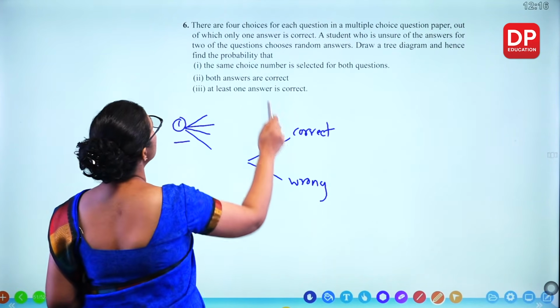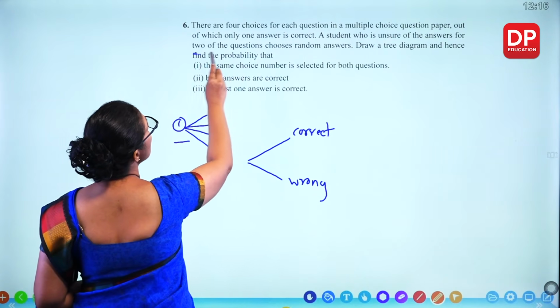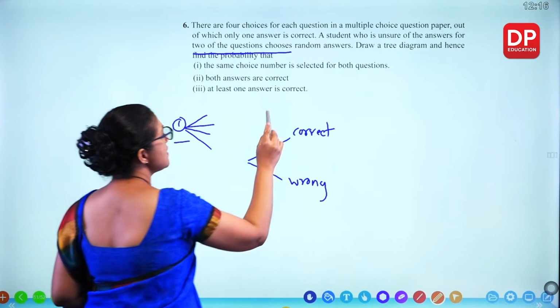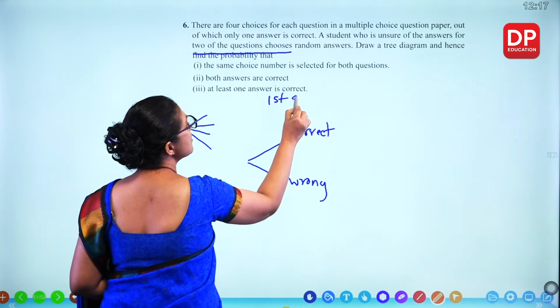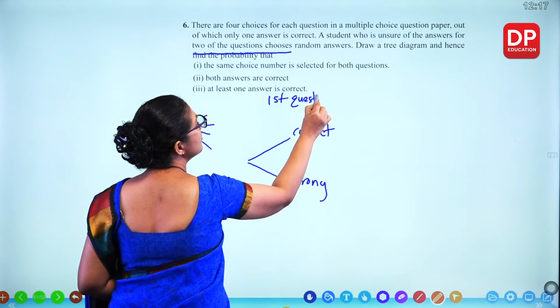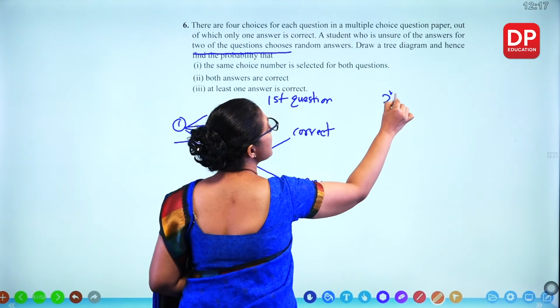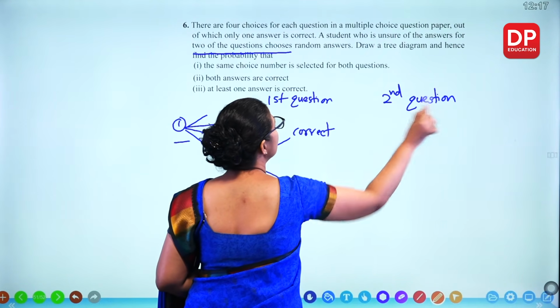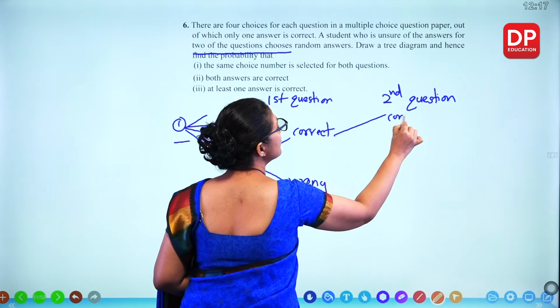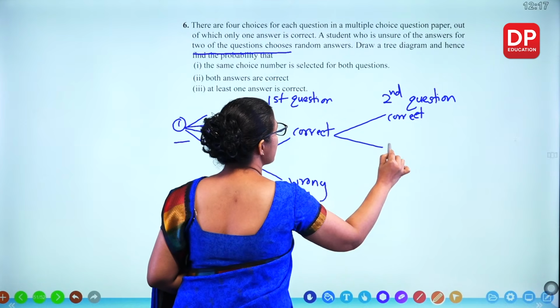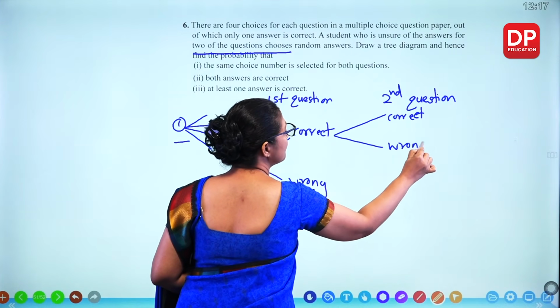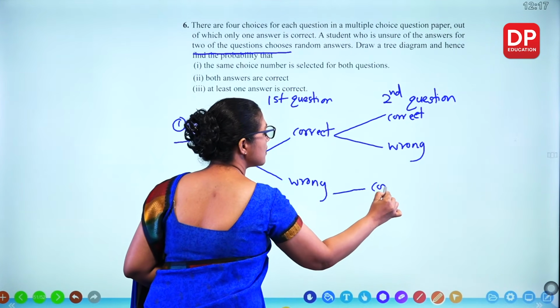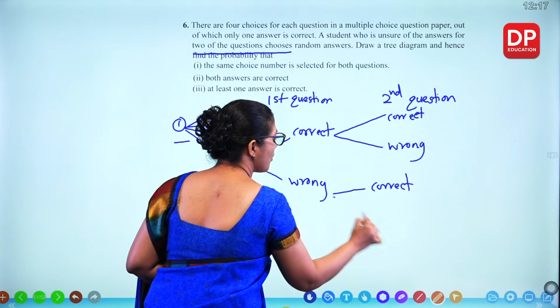It says 2 of the questions are chosen. So that means this is the first question and you need to draw for the second question as well. This is also correct or wrong.